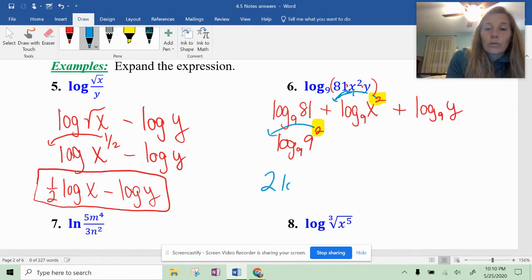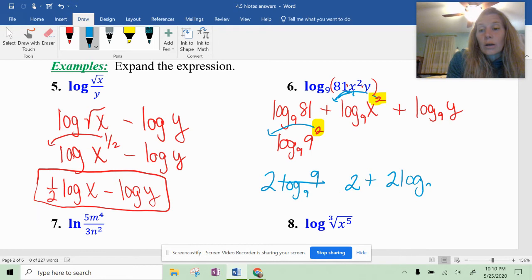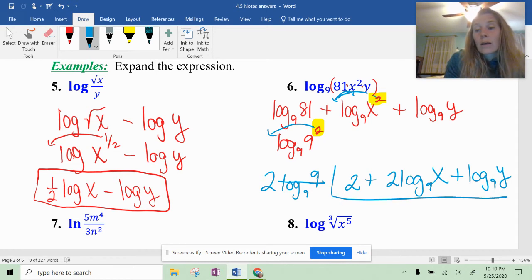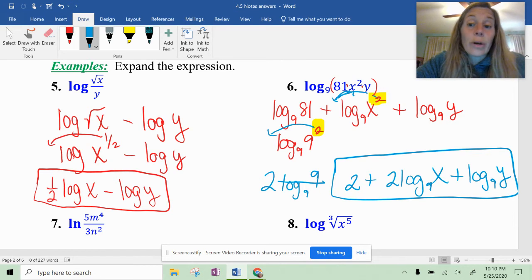So I'll have 2 log base 9 of 9, which actually will cancel. So that's just 2 plus 2 log base 9 of x plus log base 9 of y. And again, if you still have the log base 9 there, it's not a big deal, but just for multiple choice purposes, sometimes that is canceled out or reduced. It's sort of like you would never leave a fraction as 2/2. You would simplify to 1 or something like that.